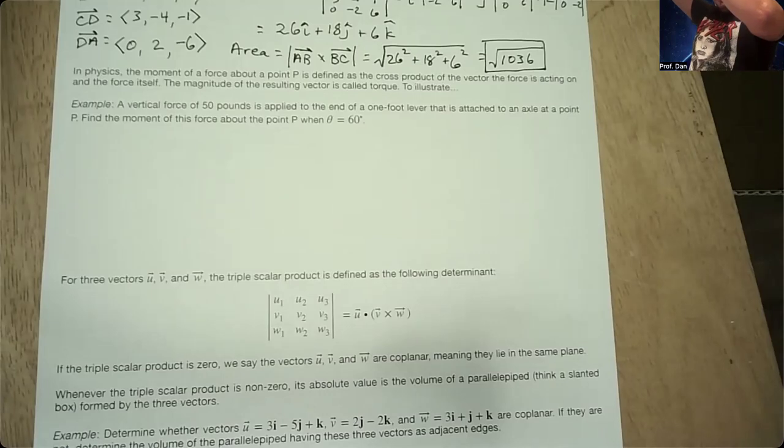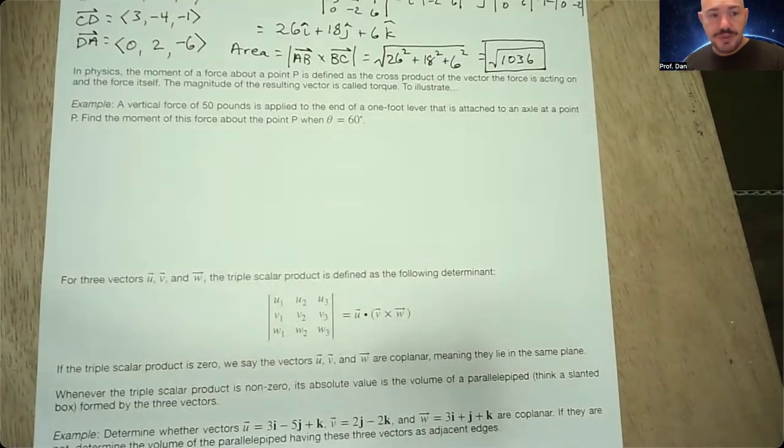And how easy or hard it is for me to move this lever about that point is the moment of that force. There's another word for that, torque. Yep. So torque, we can use cross products to compute the torque about a point.